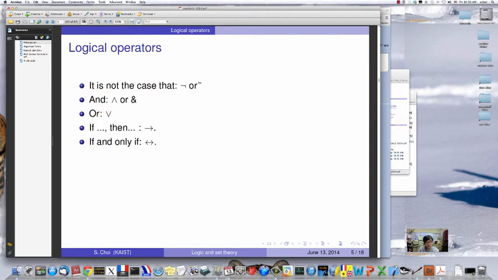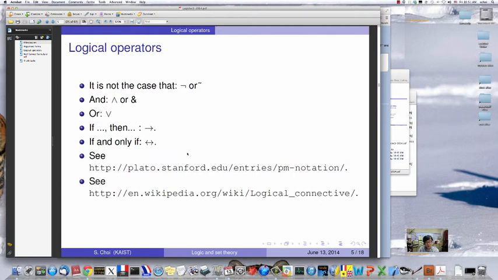If and only if is symbolized by a left and right arrow. You can see some notations from here, and there are some articles on logical connectives. And sometimes this mark is used to mark the conclusion, but it's not necessarily inside the logical operators.